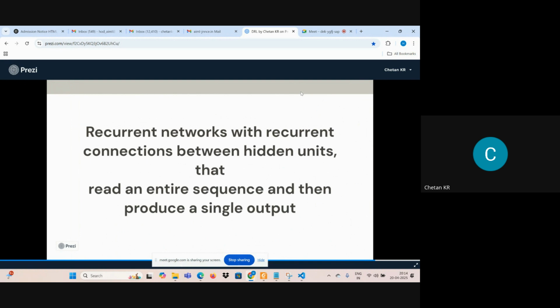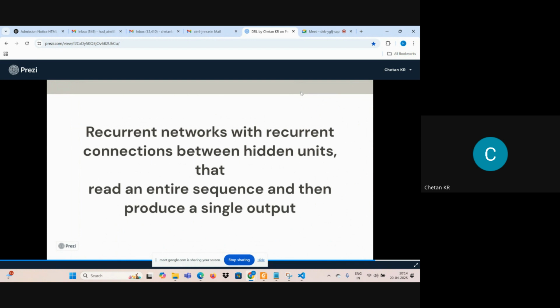So there were three different scenarios of the RNN computational graph. First, where are the recurrent connections? In the first case, the recurrent connection is between the hidden units. The previous hidden is connected to the current hidden. At every stage, the current input will always be there.